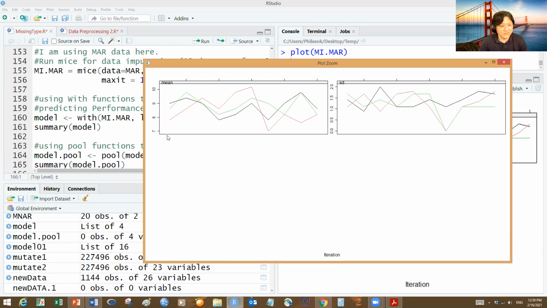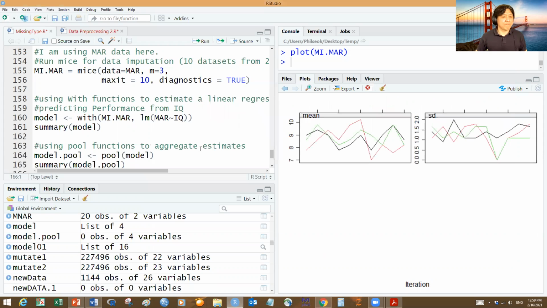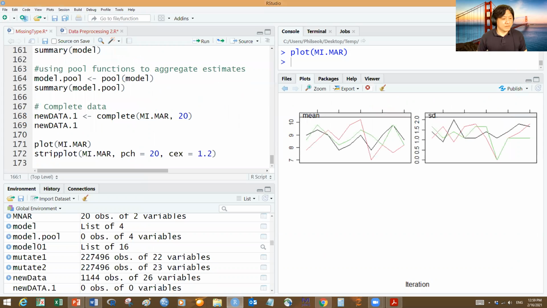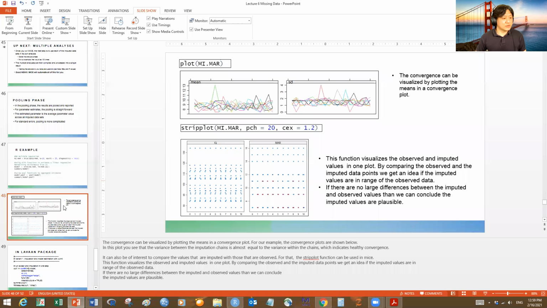But if you have very irregular patterns, that means there is something wrong in the predictive mean matching approach.